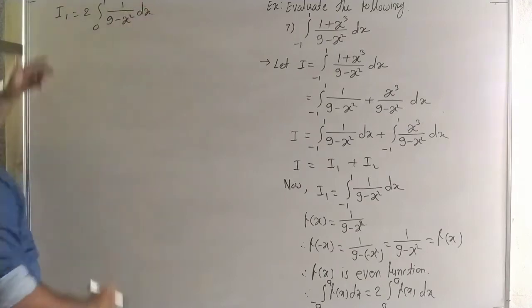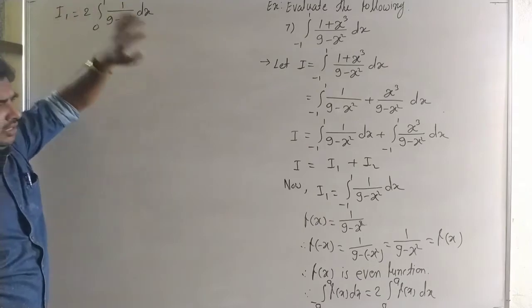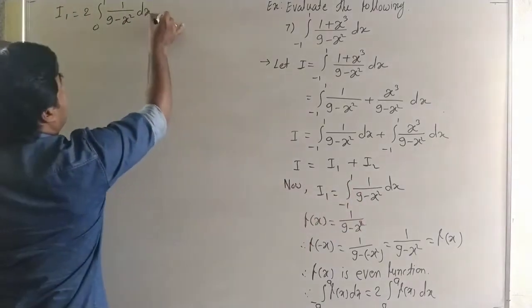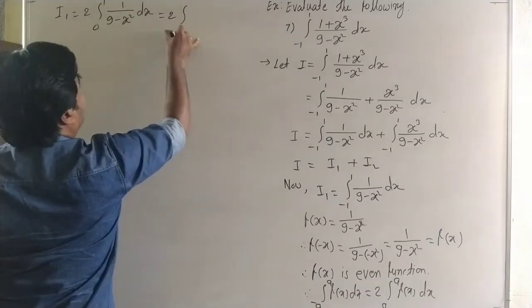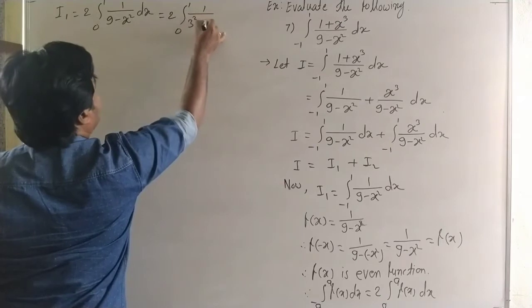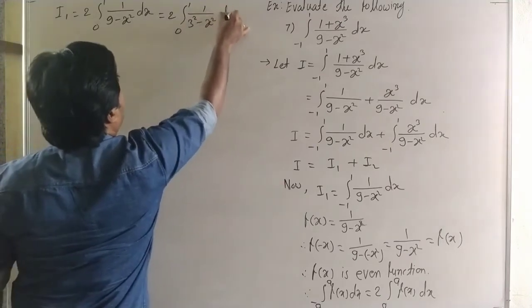Now we can solve this integral by the direct method. Here we write 1 upon a square minus x square, so this is 2 into the integral from 0 to 1 of 1 upon 3 square minus x square dx.